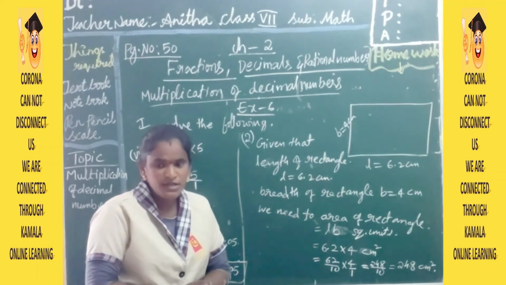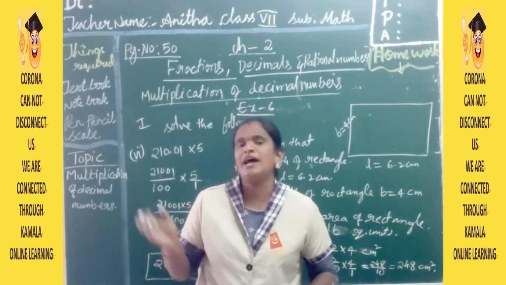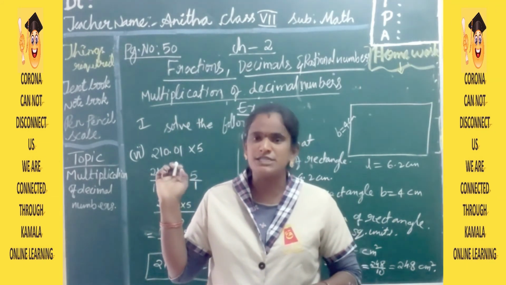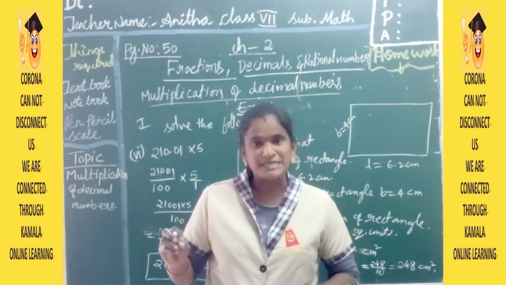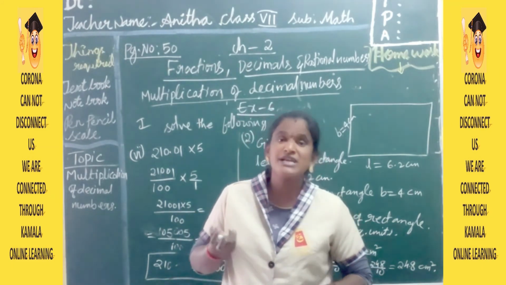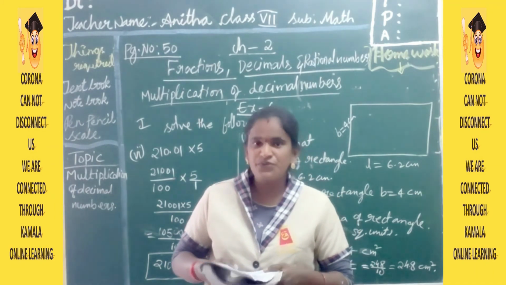Understood, children, everyone? Note down, children, your homework. It is very simple and we learned it in previous classes only, how to multiply decimal numbers with 10, 100 and 1000. We learned these in 4th class, 5th class and 6th. It is very easy for you.